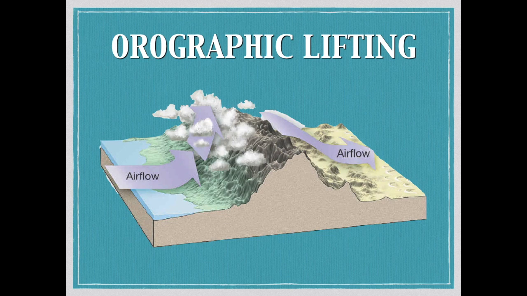As it rises from the left on the ocean, it's going to bring lots of moisture up. So on the left side of the mountain, you're going to have lots of clouds, lots of rain, maybe even, it's going to be greener on that side. It's then going to lose a lot of its moisture as it rises up to the top. And on the right side of the mountain, not a lot of precipitation.